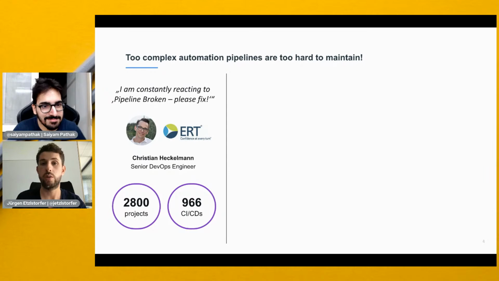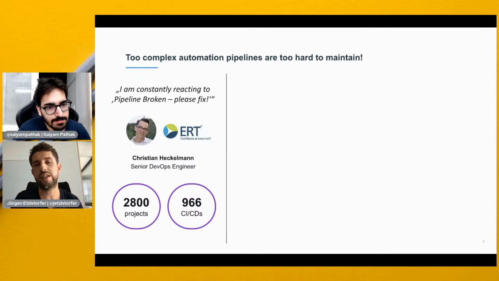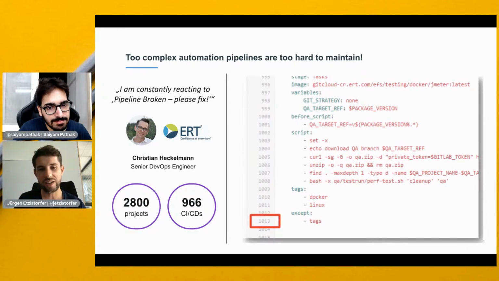He's also a contributor to the project. He's based in Germany, and he has the problem that inside ERT they are asking him, "Hey, Christian, the pipeline is broken. Please fix." So his task is to maintain and to fix very large pipelines. And the problem we see here is with large pipelines. This is a GitLab pipeline.